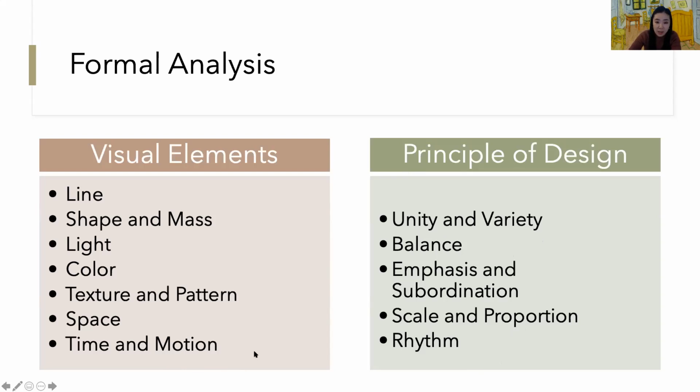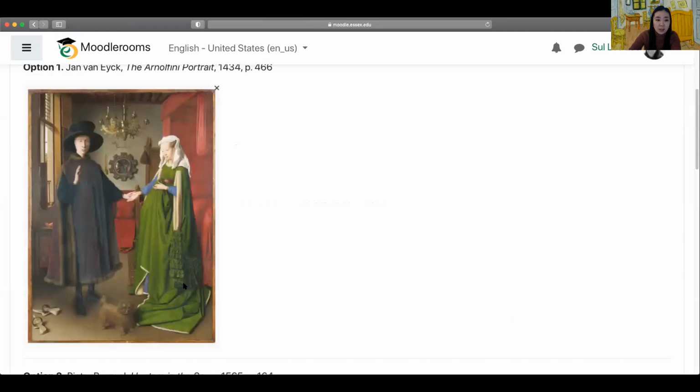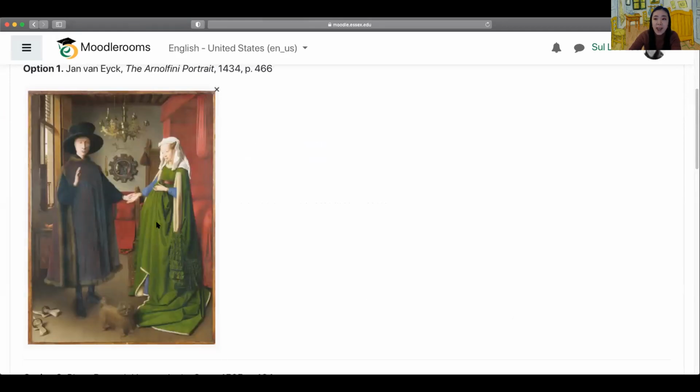Based on these visual elements and the principles of design, you're going to proceed with the formal analysis. You can just find as much as you can. Maybe you can focus on the composition, or you can focus on the lines. Maybe this painting is using one-point linear perspective, or you can find the color features.